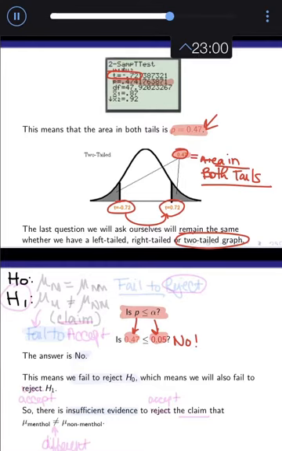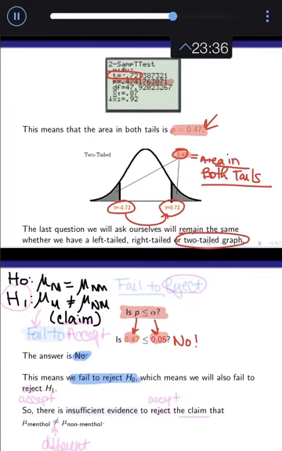My H1 was where I started with my claim, which was that the mean for the menthol was not equal to the mean for the non-menthol. And that gave me that my null hypothesis was the reverse, which was the equal to. So what does no mean when you ask is p less than or equal to alpha? Remember that no means that you fail to reject H naught.